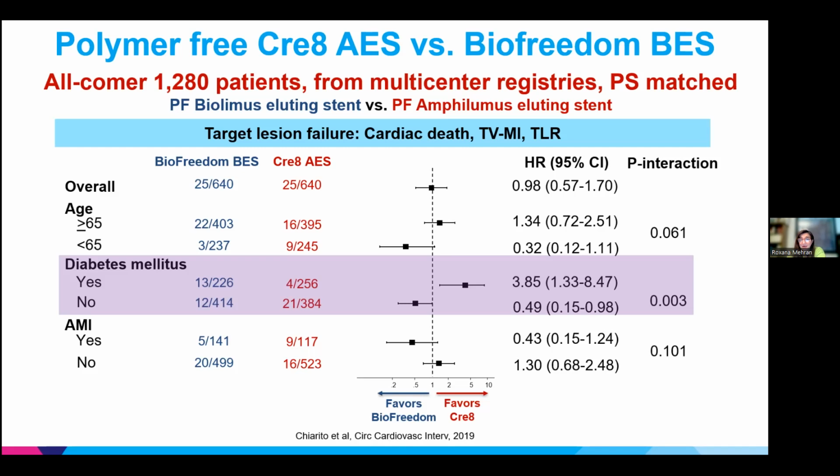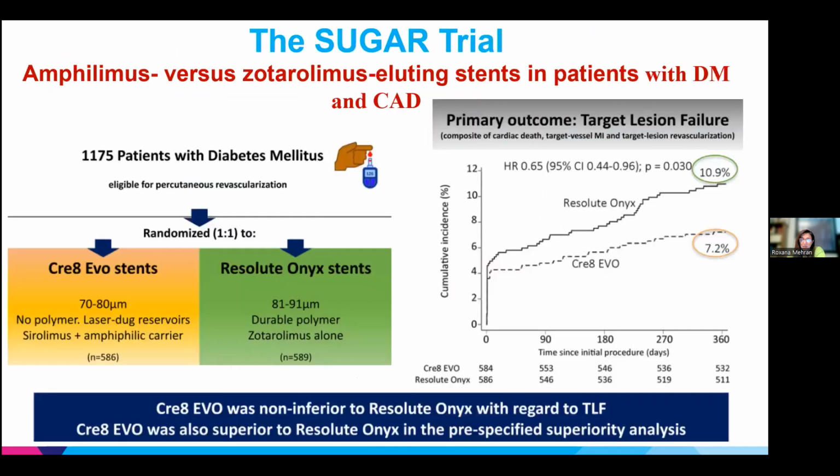And you can see here, of the 1,280 patients from registries, propensity score matched analysis showed some improvement in our diabetic patients favoring the Create trial, and hence begging the question whether it is this particular stent, with its amphilimus elution, that could give us an advantage for our diabetic patients.